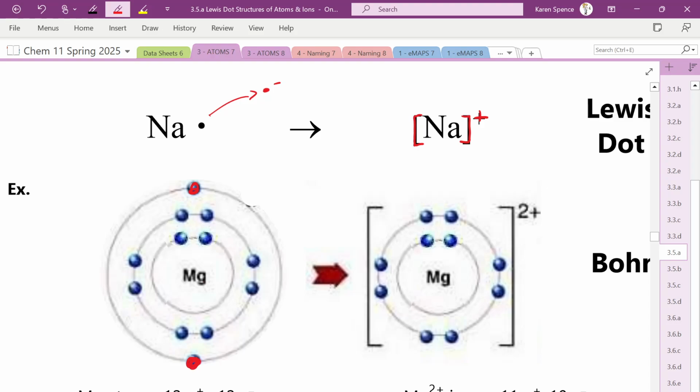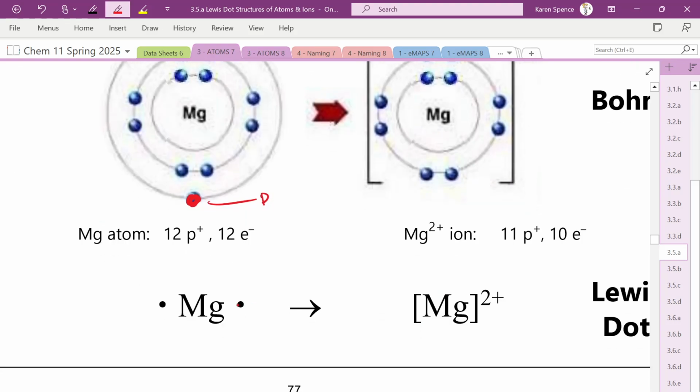That's fine. These 2 electrons are going to go away. And we are left with Mg with nothing around it, brackets, and a 2 plus.